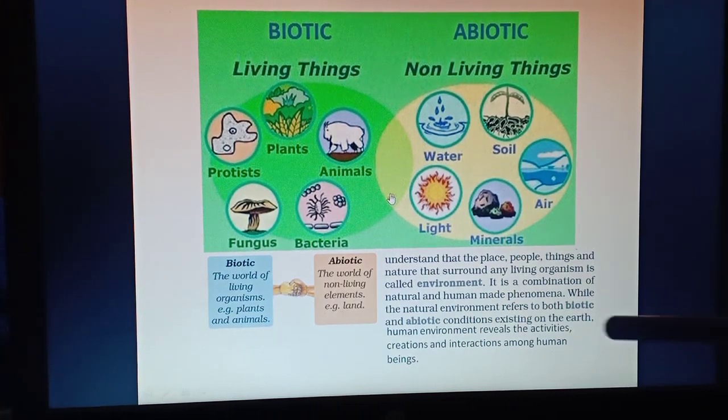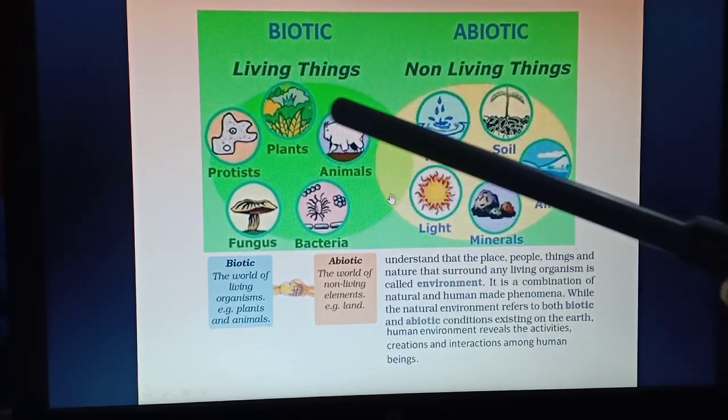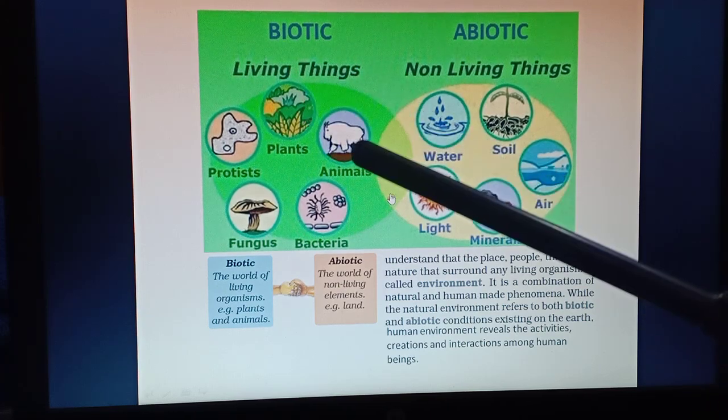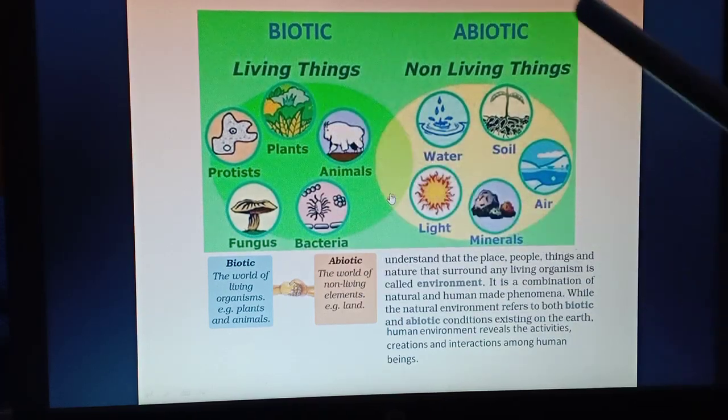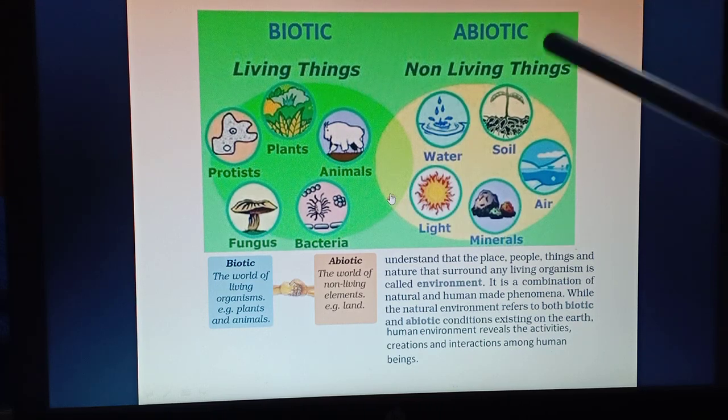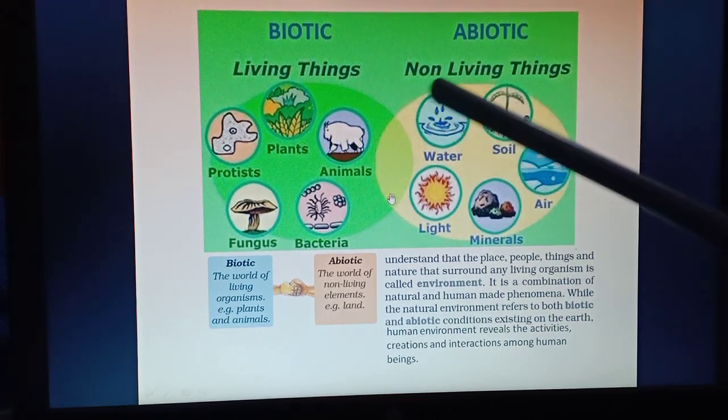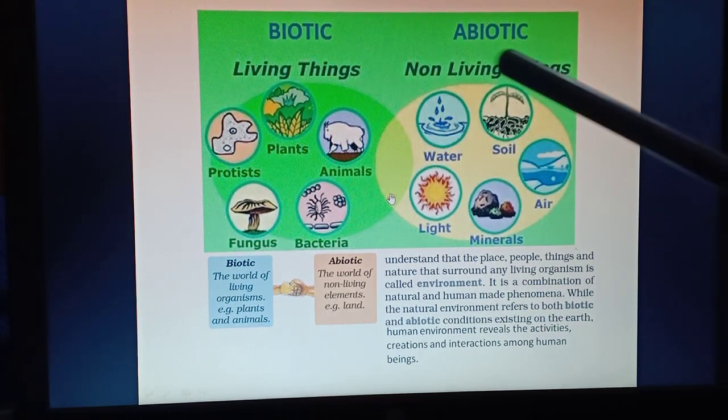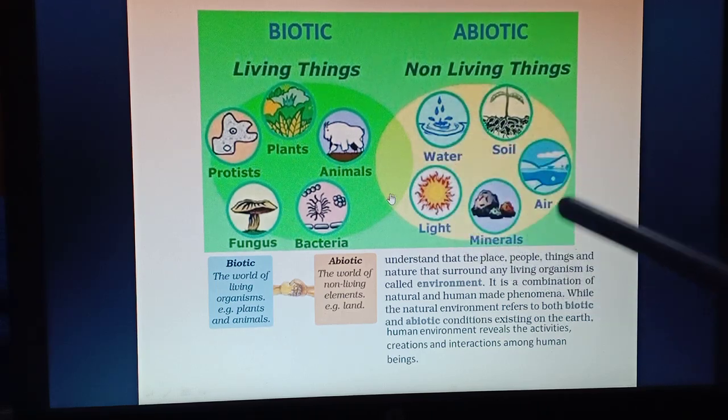Above the description you can see some pictures related to biotic and abiotic. Biotic are related to living things, for example plants, animals, fungus, etc. And abiotic contains non-living things, for example soil, air, minerals, light, etc.